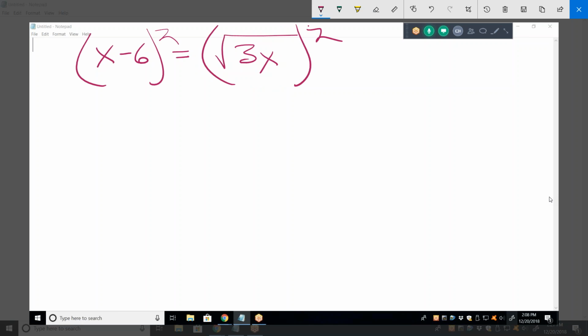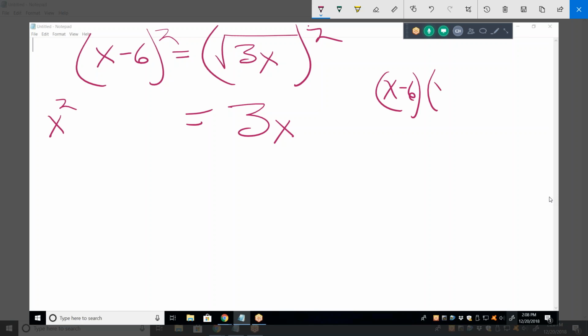Okay? So I'm going to square that side, and I'm going to square that side. Tell me what the right side's equal to first. What's the left side equal to? Squared. What is that equal to? No. No, that's the second most common problem.